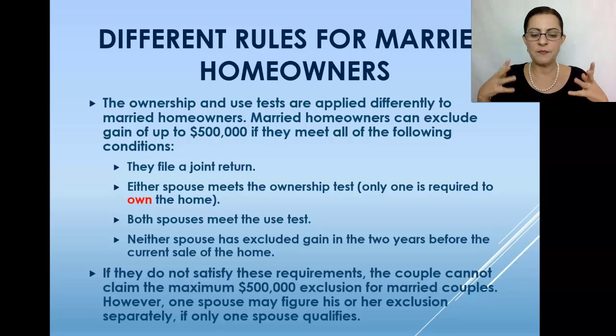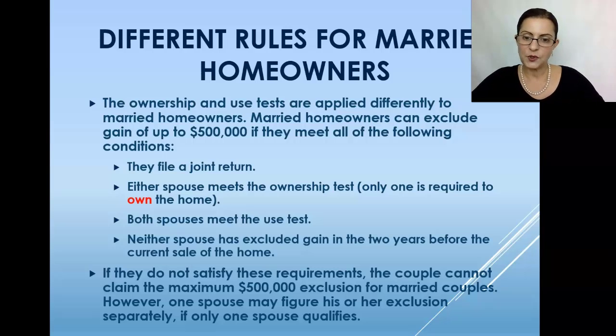So if I am married, my husband and I, we live in a house together, but only he owns it. He's the only one on the deed and on the mortgage, but I am married to him and I live in the house with him. But there's only one owner. We are allowed to exclude up to $500,000 of gain as long as we file jointly, as long as we meet the use test. But only one of us has to own the home.